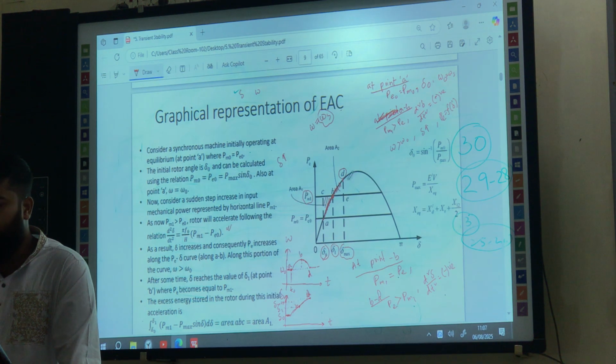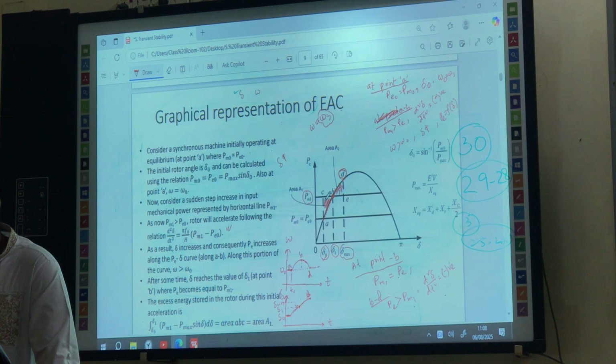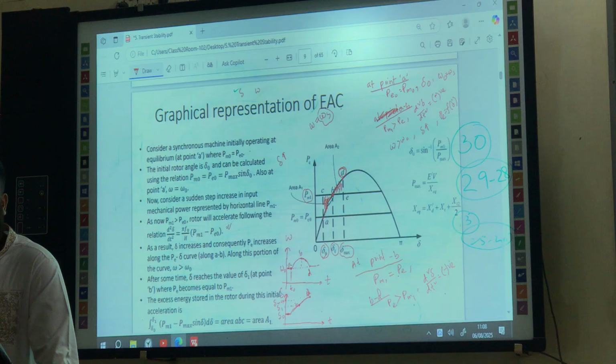Now we are at point G. This G point will be such that all our stored kinetic energy that was stored during the acceleration phase will be given back in the deceleration phase. So this phase is the deceleration phase, because in this region from A to B the rotor accelerates, but from B to D the rotor decelerates.